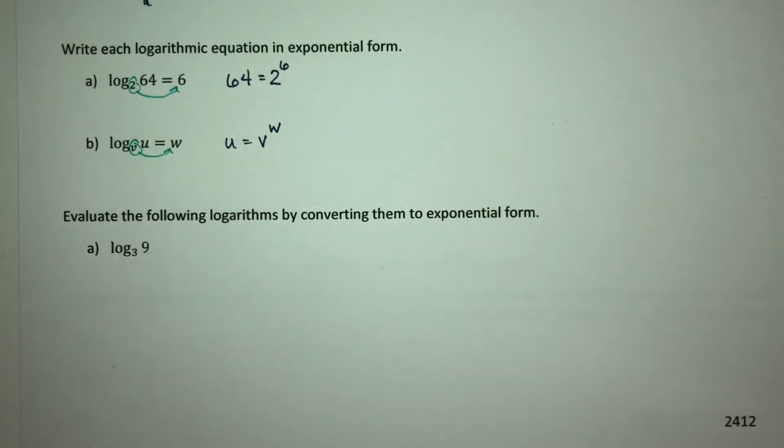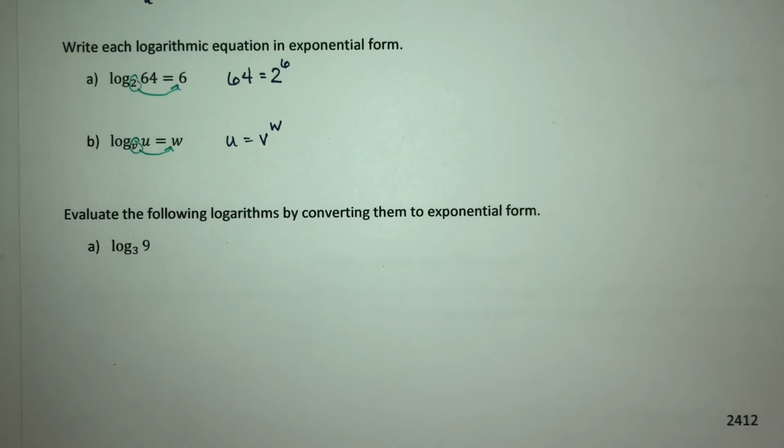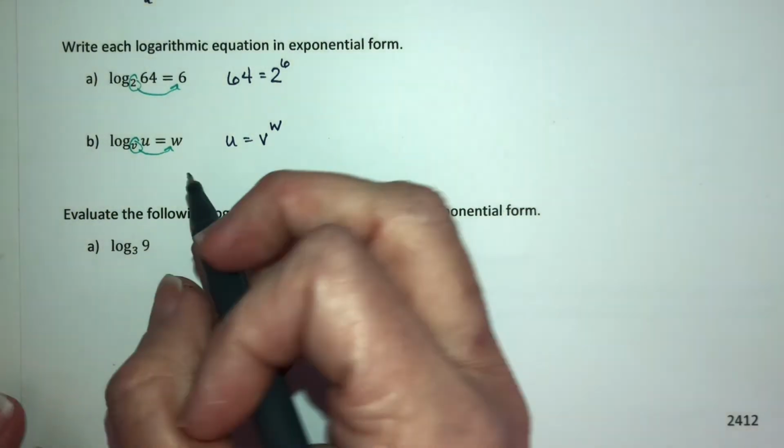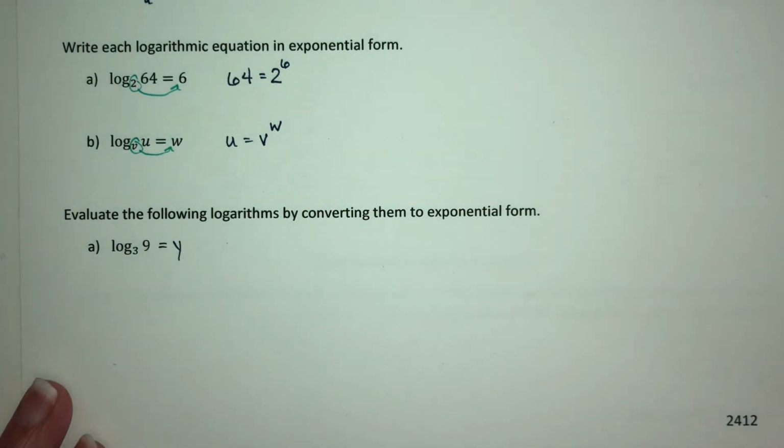Okay, so now we're going to have a few problems where we are asked to evaluate a logarithm by converting it to exponential form. Okay, so I want to know the value of log base 3 of 9. So what I'm going to do is I'm just going to set this equal to a variable. I want to know what it equals, so y is what it equals.